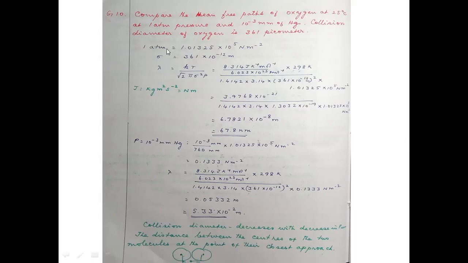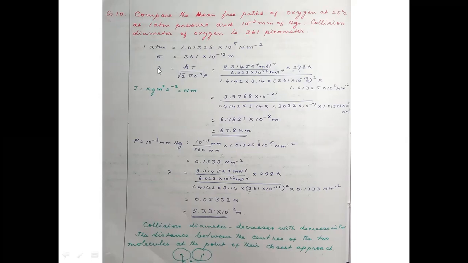Look here, 1 atmosphere is equal to 1.01325 into 10 power 5 Newton per meter square. You are supposed to be very clear with the units of various physical entities in numerical problems. So sigma, the collision diameter, is 361 into 10 power minus 12 meter, converted into meter.